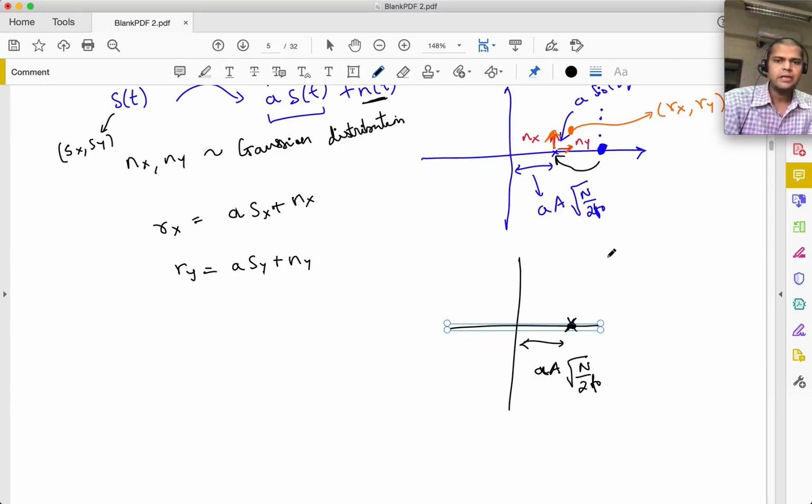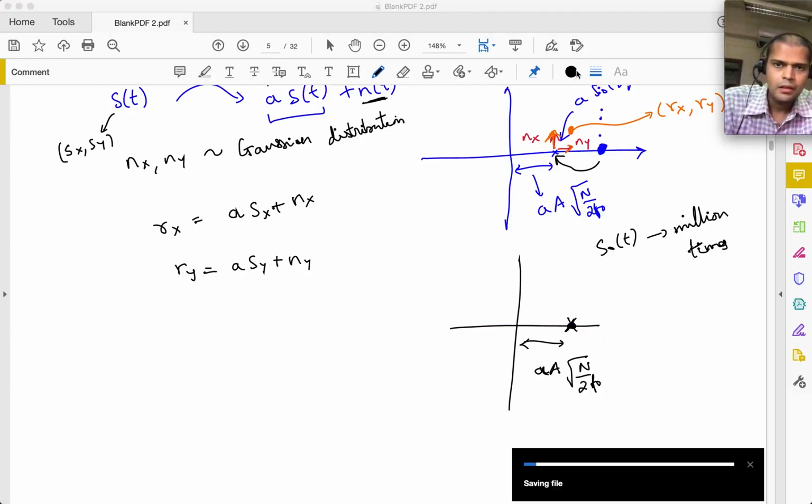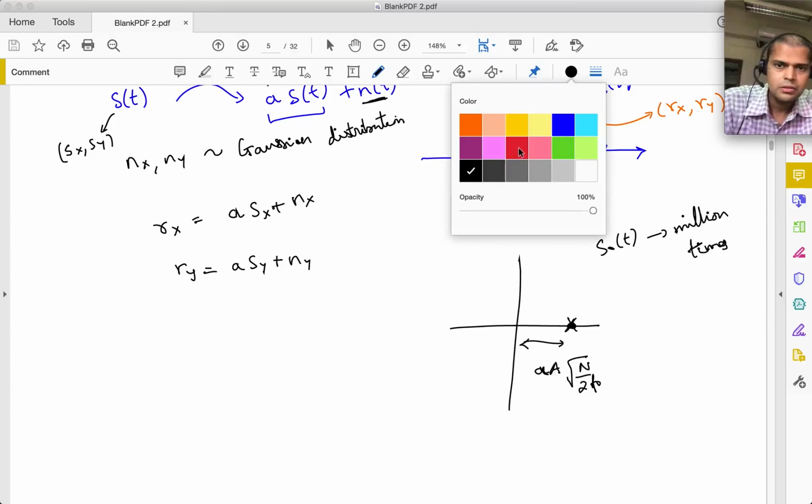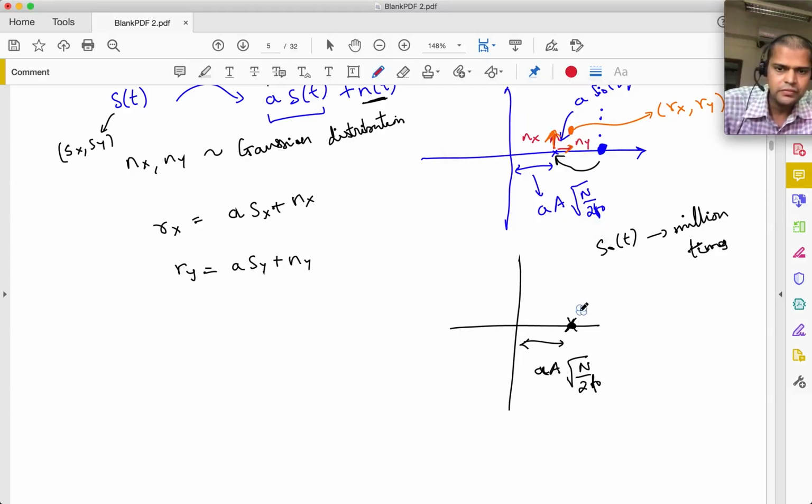Suppose I sent S0 of t a million times, and I want to know what was received at the other end. Maybe the first time you got something here, next time you got something here. So you'll get everything clustered around this point.